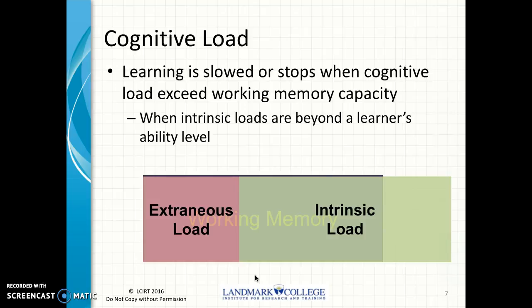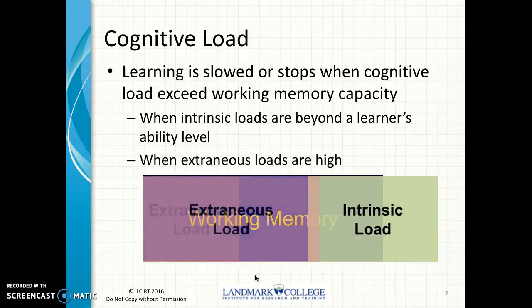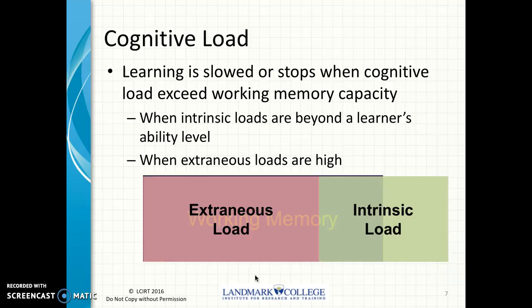It may be beyond their age level. It may be an area where they don't have the core elements to perform this task. And in that case, what we need to do is maybe narrow our goals or scaffold the task to reduce that intrinsic load. Or what we might have is a really high extraneous load.